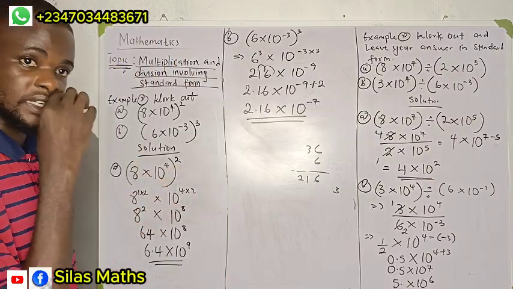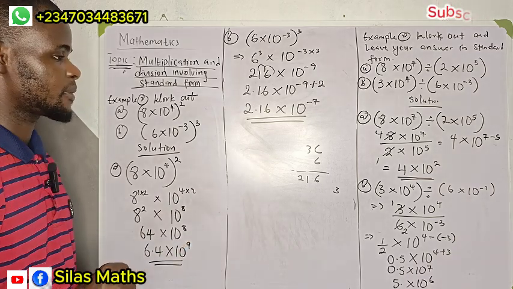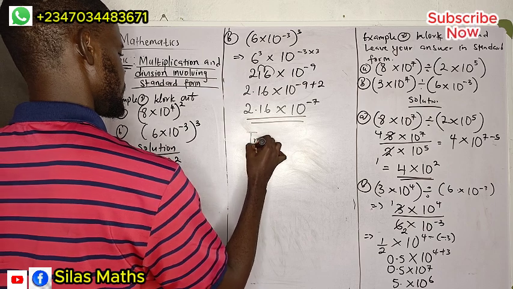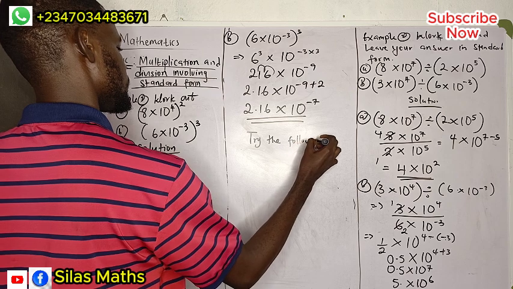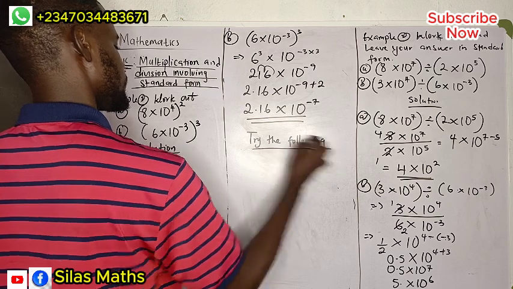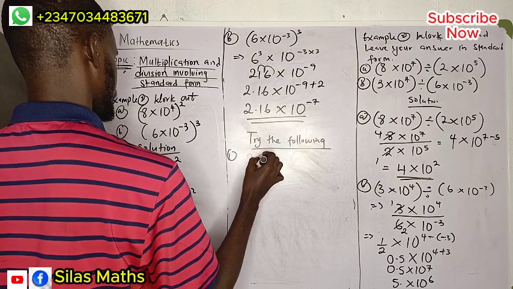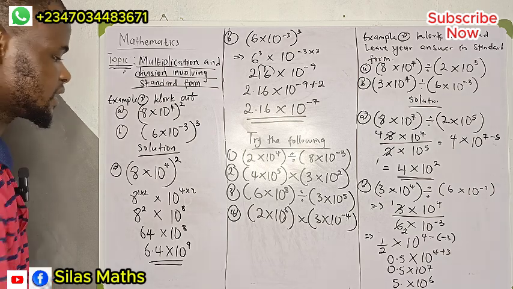Assignment or classwork you are expected to solve. Then when you're done solving, you can drop it at the comment section, right? Try this out. Okay, let's add the last one.